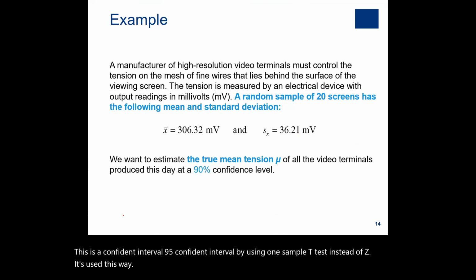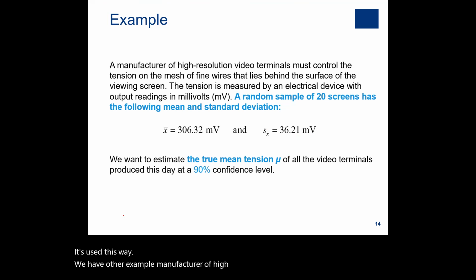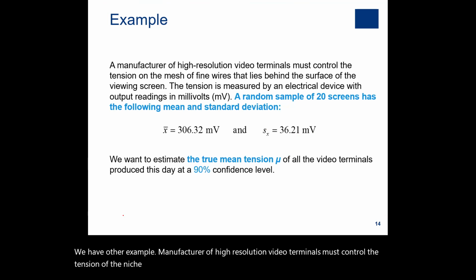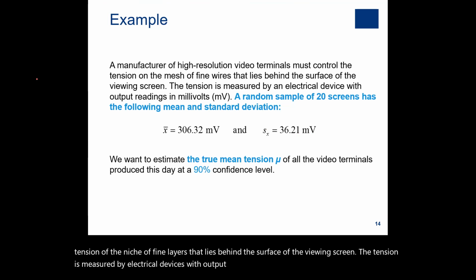We have another example. A manufacturer of high resolution video terminals must control the tension of the mesh of fine wires that lies behind the surface of the viewing screen. The tension is measured by electrical devices with output reading in millivolts. A random sample of 20 screens has the following mean and standard deviation.